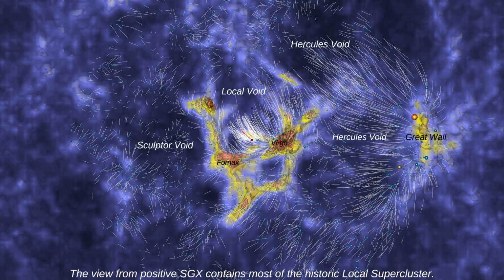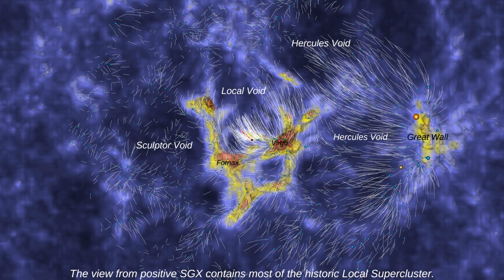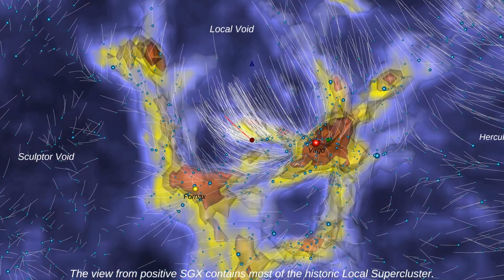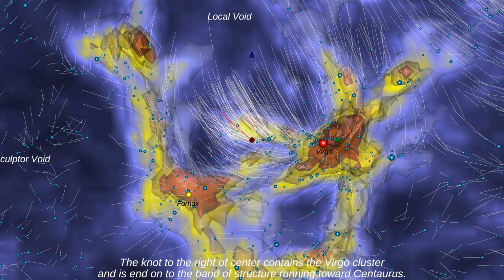The view from positive SGX contains most of the historic local supercluster. The knot to the right of center contains the Virgo cluster and is end-on to the band of structure running toward Centaurus.